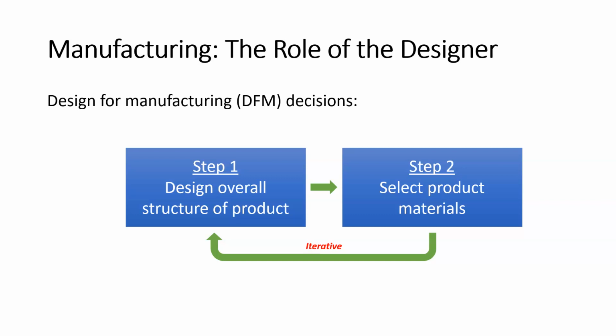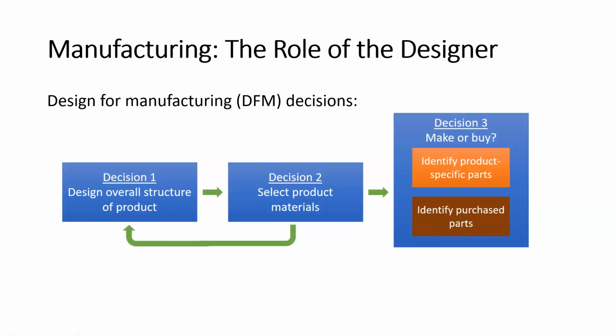So iterative simply means that we're going to make decisions and then we're going to reevaluate our earlier steps in light of the new decisions. This is kind of a feedback loop. And we kick ourselves out of this when we decide that we have the best or most appropriate materials, in this case.